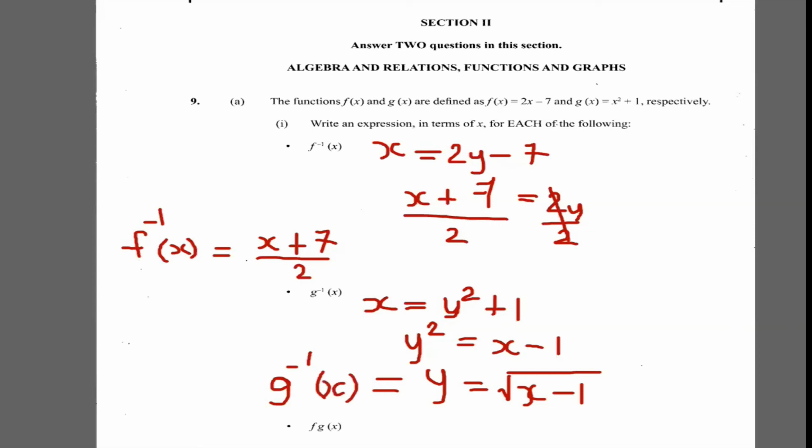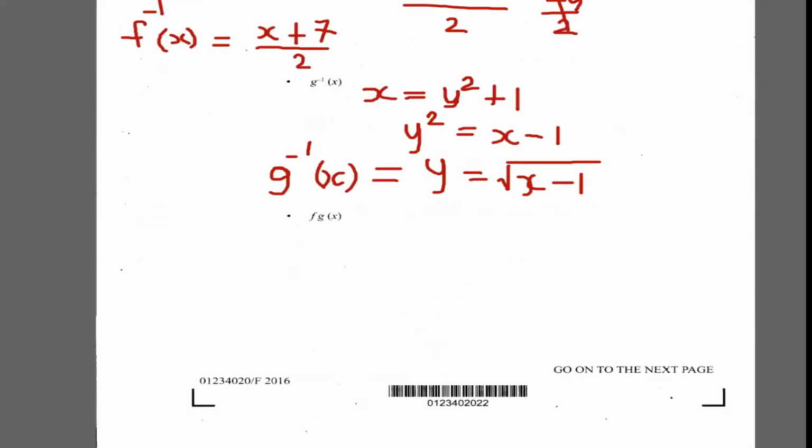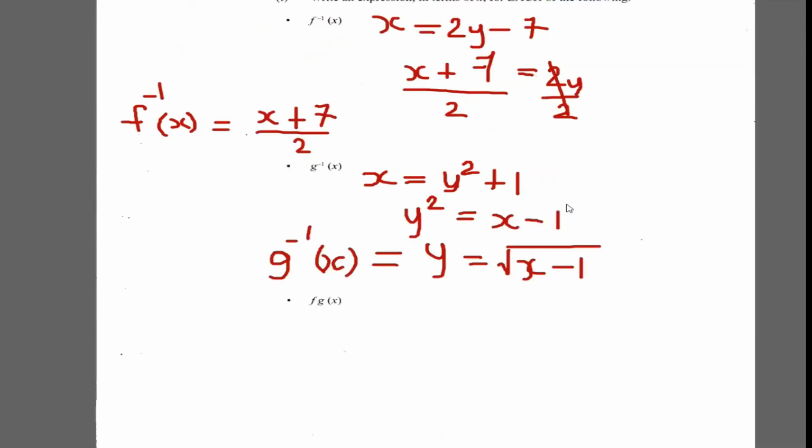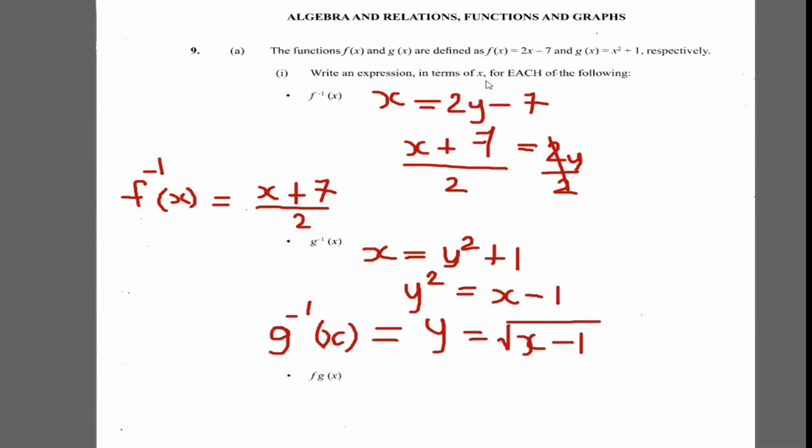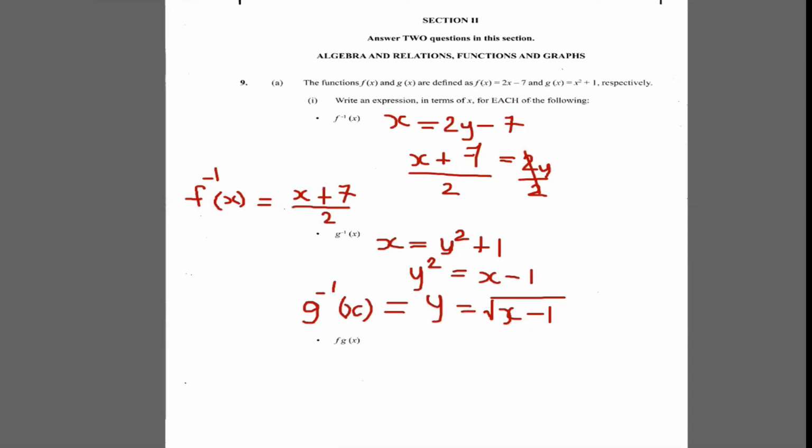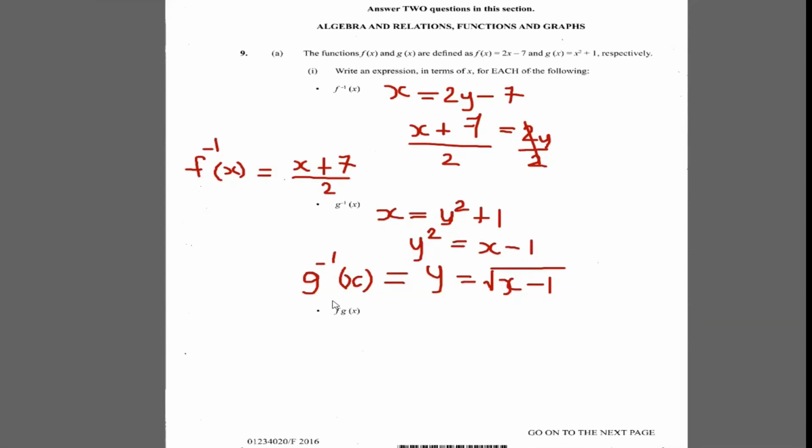The next part is they're asking us to find fg of x. How do we find fg of x? Fg of x means we put g of x into f. So let's do that.